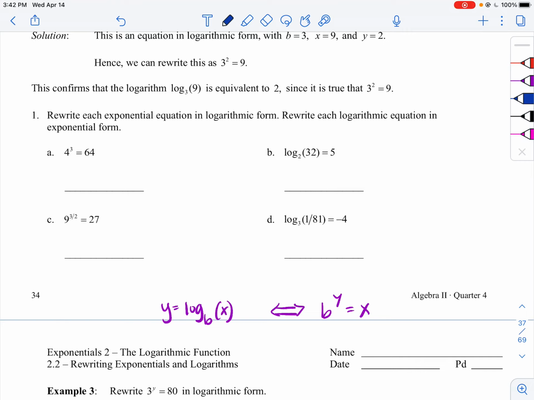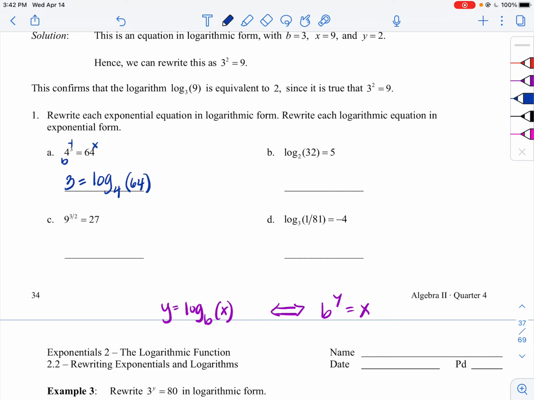So we have here an exponential function, and we're going to write that into a log. So now the y is the 3, right? So this would be written as 3 equals log with the base of 4 of 64. So technically, this is our y, this is our b, and this is our x.